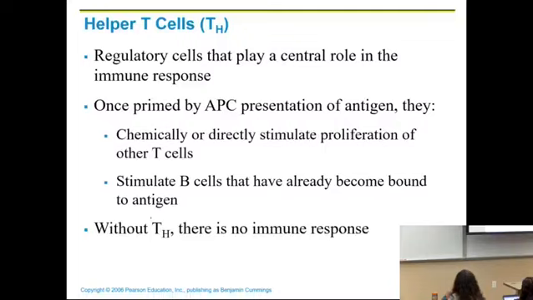Sometimes you see them designated T sub H, that's the helper T cells, right? So it can stimulate a lot of our B cells like we talked about. It can even stimulate other types of T cells. So the proliferation, the creation of our lymphocyte armies, is really amplified by helper T cells. So they actually have a really important role.